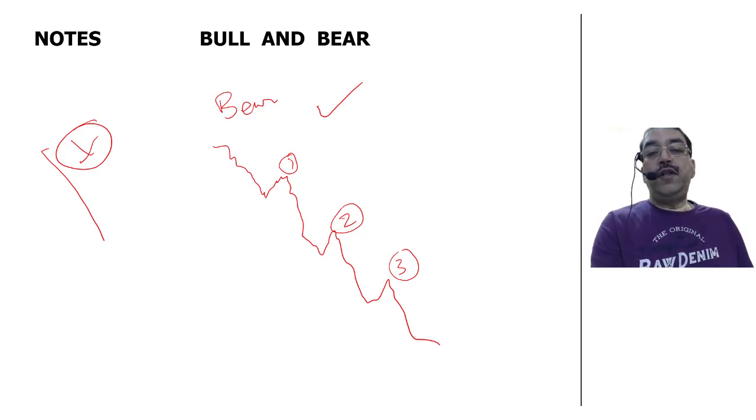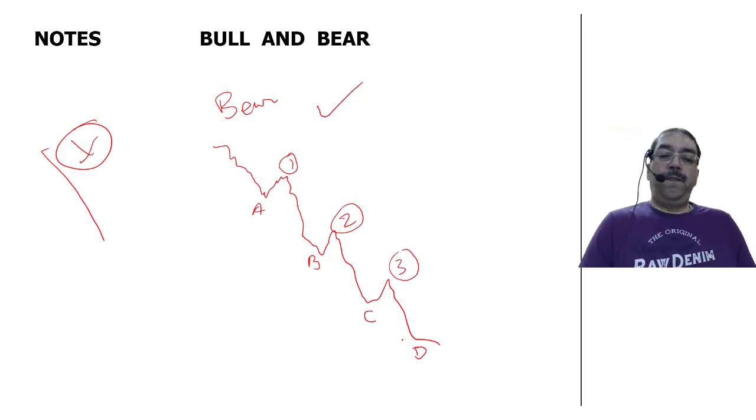So 2 is lower than 1, 3 is lower than 2. Which are the lows over here? A, B, C, D. So in a bear phase, every successive low is lower than the previous low. Followed point? So bull phase and bear phase.